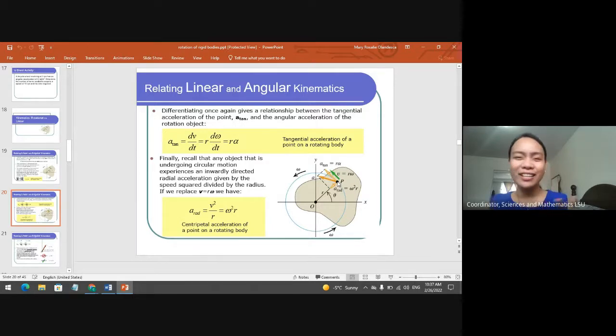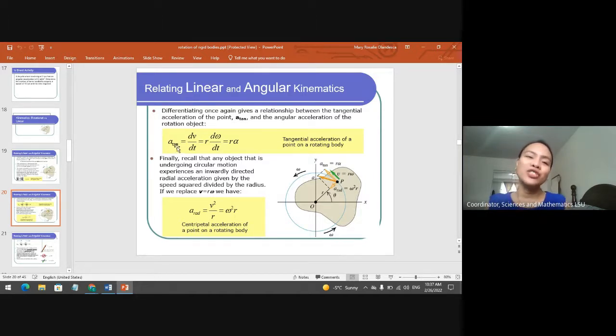We already discussed vectors in module 1, so never forget how to get the x and y components of our vectors. Here, our x and y components for our acceleration would be the tangential acceleration and the radial acceleration. The formulas are now derived for you.